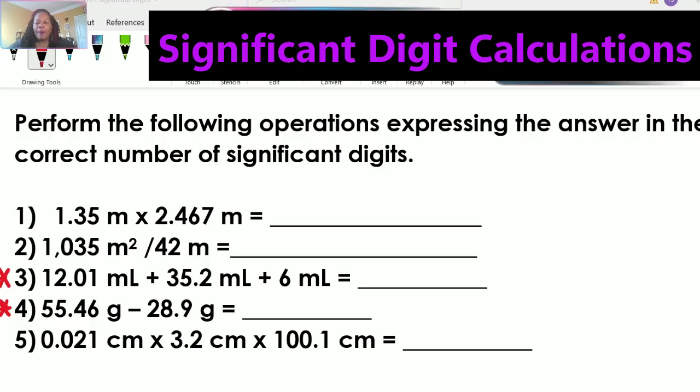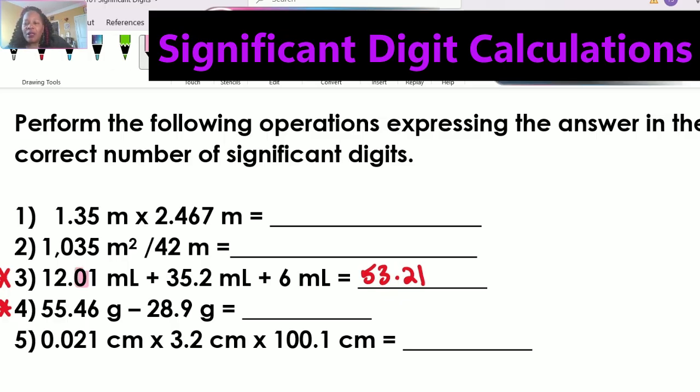So I'm going to plug this in so you all can tell me what you get. I got 12.01 plus 35.2 plus 6. Now, my calculator gives me 53.21. But y'all are smarter than the calculator because we have to go by the rule.